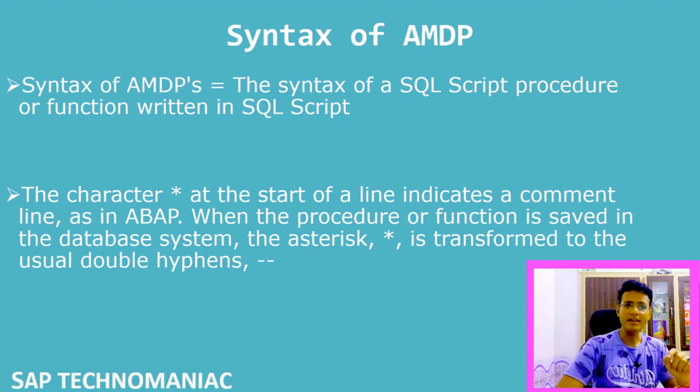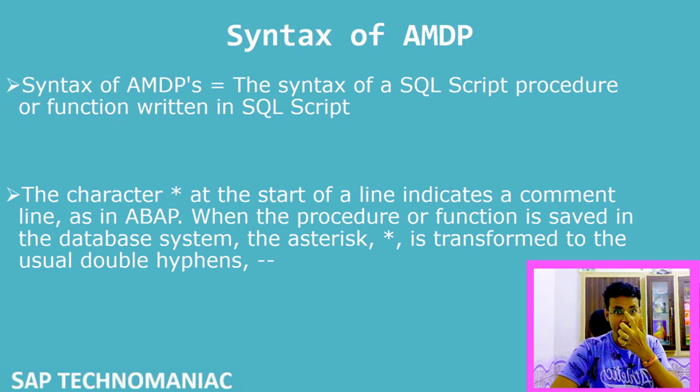One more important thing is the syntax check. When we write the code in AMDP, the syntax check will be done. It will be similar to writing procedures and functions in SAP HANA; the same syntax check is applied here as well. There is no difference apart from one thing: whenever we write code in ABAP, we use the asterisk sign to comment the code.